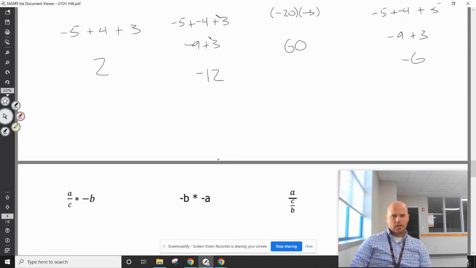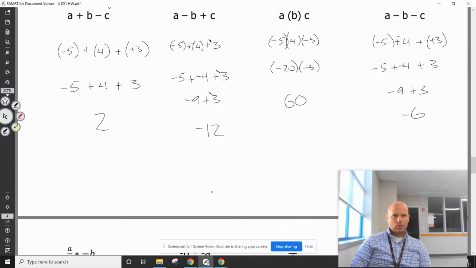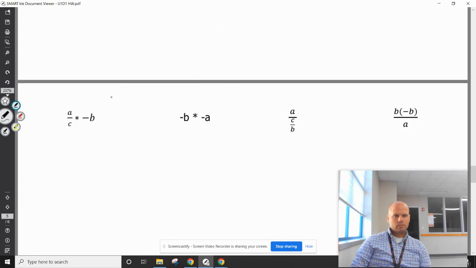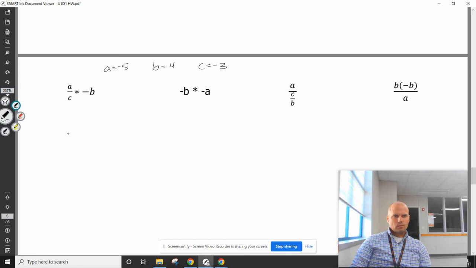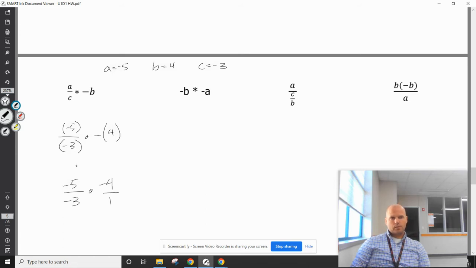We just write down the numbers again. -5, 4, -3. Okay. -5 over -3 times the opposite, negative of b, which is -4. Okay, so -5 over -3 times -4, which I'll put over a 1.